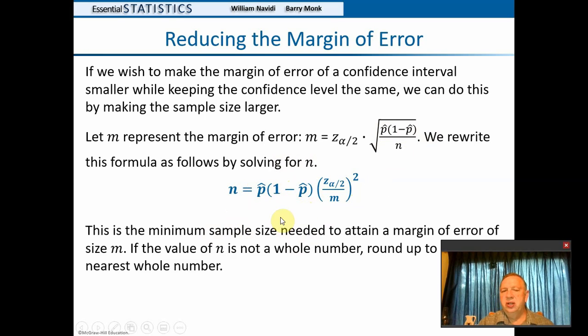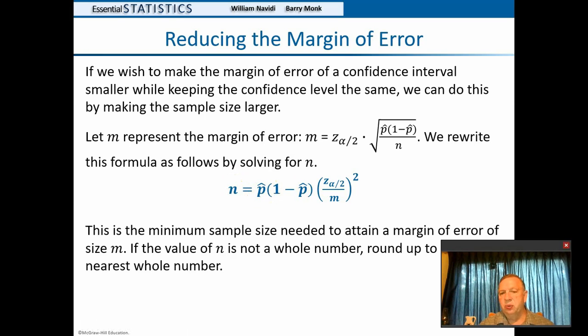But here is something we need to work with. We're saying I want a sample size, but I'm using P hat and 1 minus P hat. P hat depends on the sample. We've already gone out and gotten a sample, is what it's saying. So there are two situations we're going to work with.